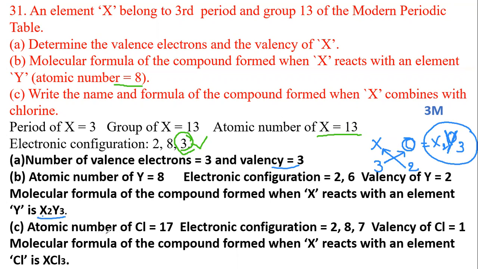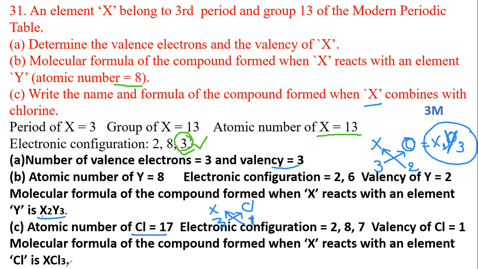Next, go to another question under 31, question C: write the name and formula of the compound formed when X combines with chlorine. Yes, chlorine is 17. Here also you can use the crisscross rule. The valency of chlorine is 1 and X is 3.